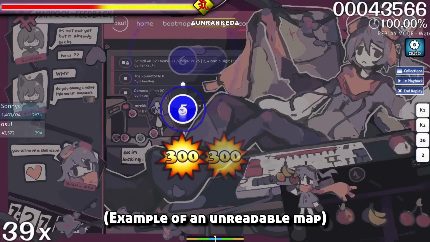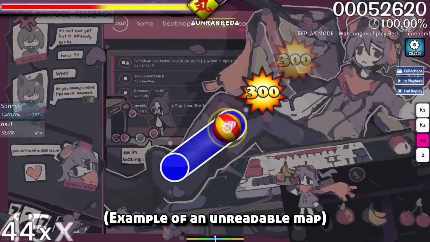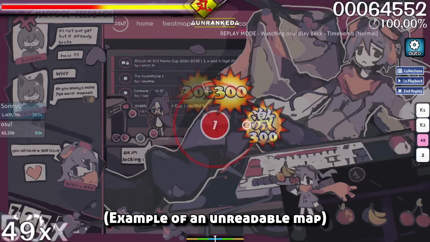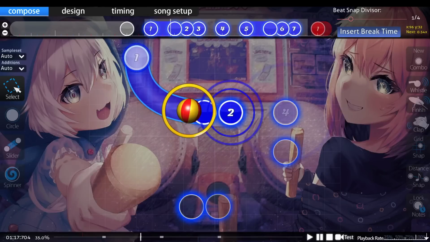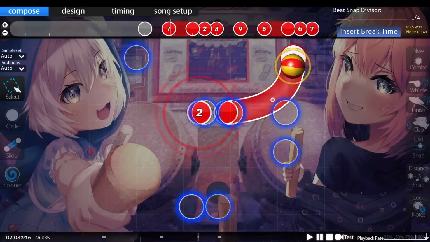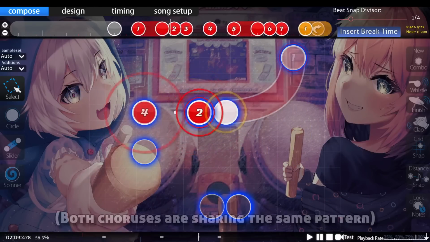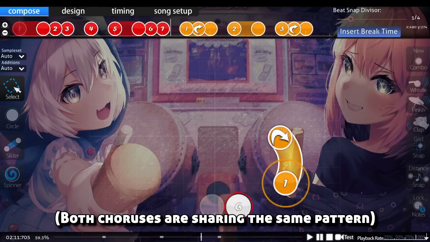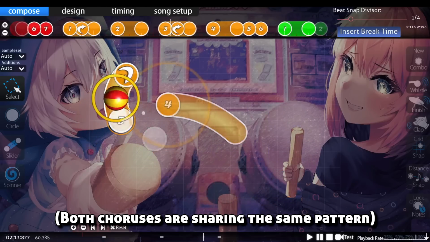Even AR8 was considered extremely fast and made objects unreadable. Number 6. Copy-paste economy. With limited editor tools, repeating patterns was not only efficient, but also helped players to read the entire map. Repetition helped understanding music structure and made the patterns predictable to play.